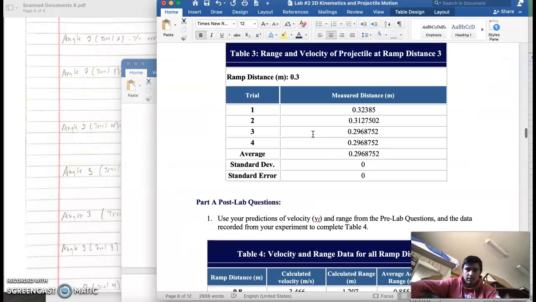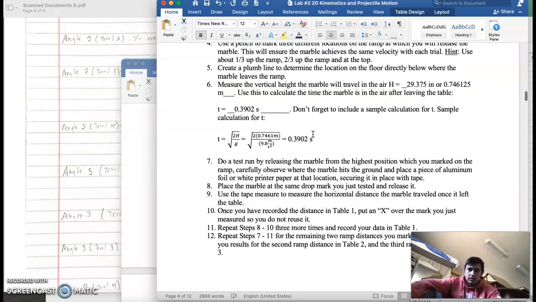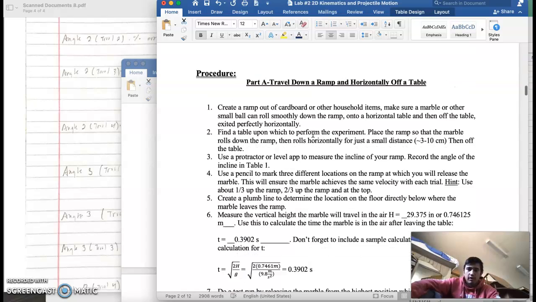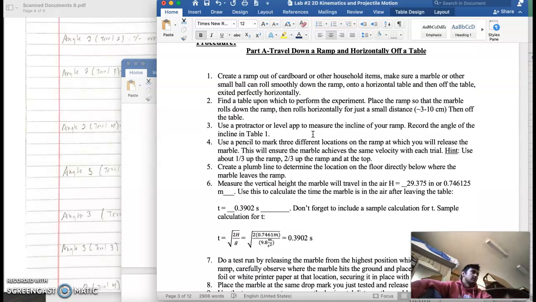Actually, I'm going to go here. So for part A, what I did was I created a ramp, just like Professor Curtis said, and marked 3 points on it: top, mid, and then closer to the bottom.